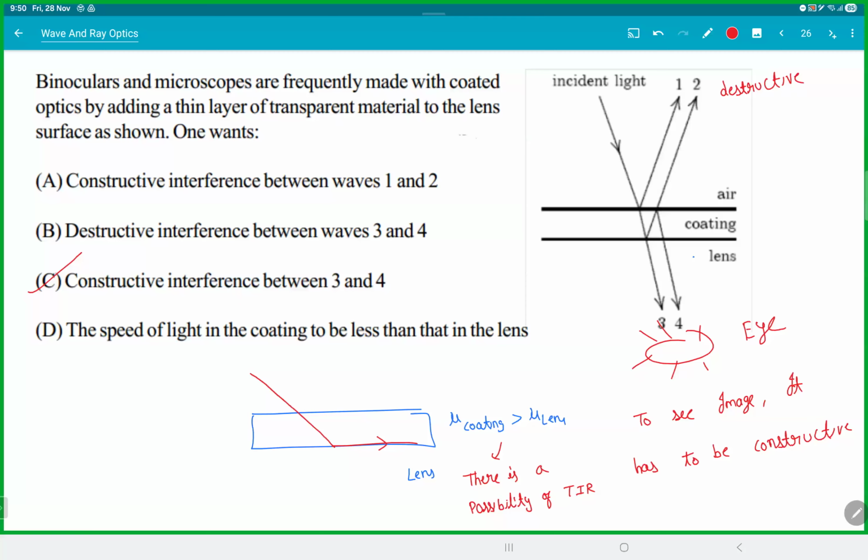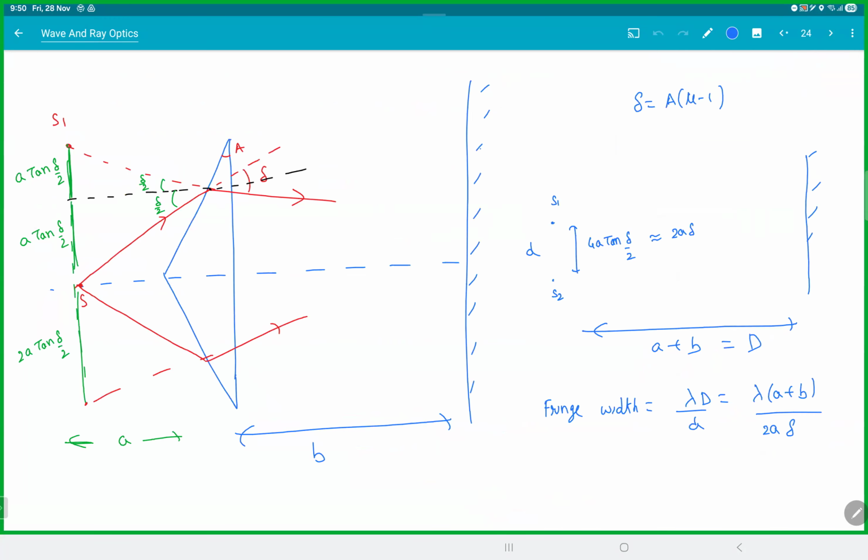No, this is not exactly anti-glare. This is something else. Binoculars, and this is a translucent material. I'm just giving an example of a coating. That might be a different thing though. That thing will be like this. Remember the thin film experiment.